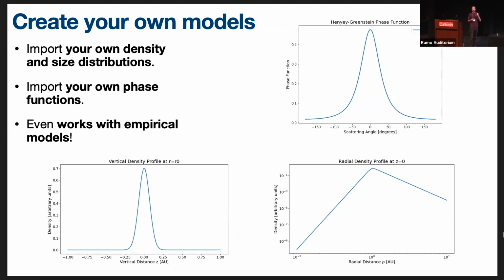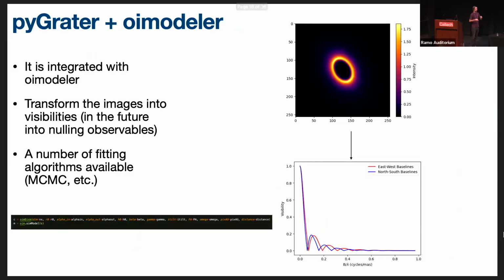And you can even input empirical models. So if you, for example, have lab measurements of phase functions, you can input them into the code. The code will interpolate these measurements, and it will do the radiative transfer with them. And just the final mention, there's this code for long baseline interferometry called OIModeler. It is used to fit interferometric data.